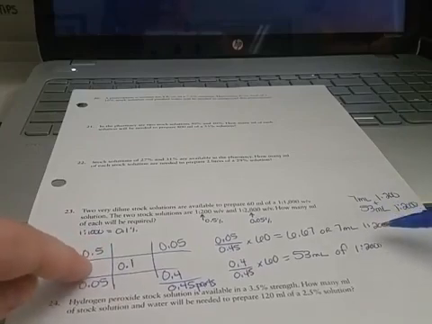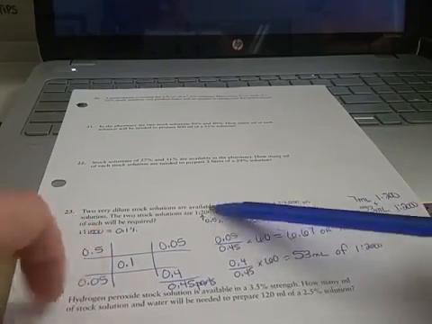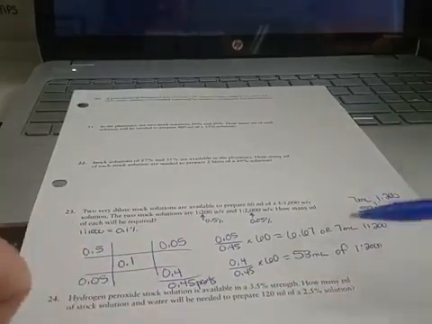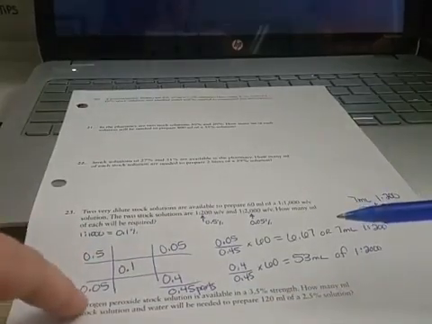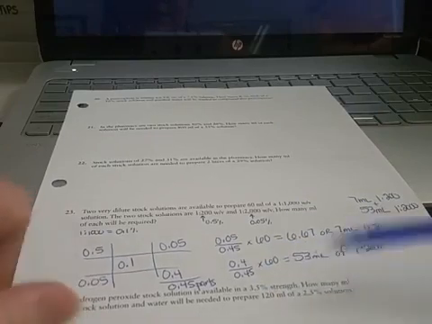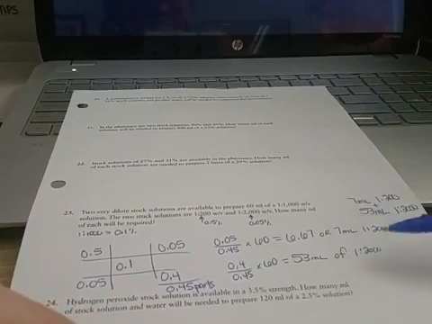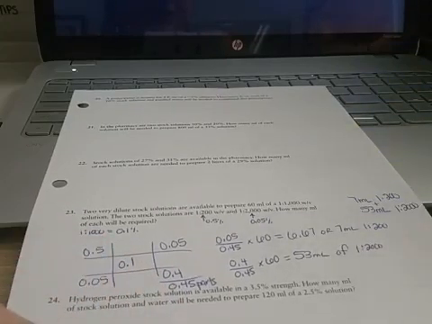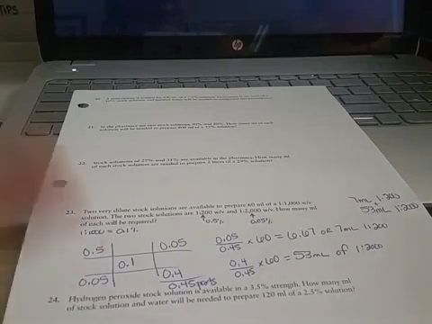So you need 7 ml of the 1 in 200, because that's where you stuck your big one. Then you do your 0.4 over your 0.45, multiply that by 60, and you get 53 ml of your 1 in 2000 drug. And that's how you do that one.